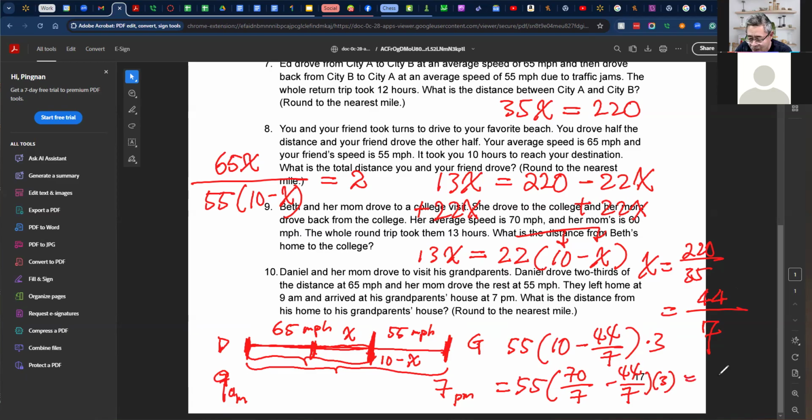And we got 3 times 55, 165. 70 minus 44, that is 26, then divide by 7. And if we use our calculator, we'll find what we got here. Actually, I'll let you do the calculation, okay? So practice on the calculator.